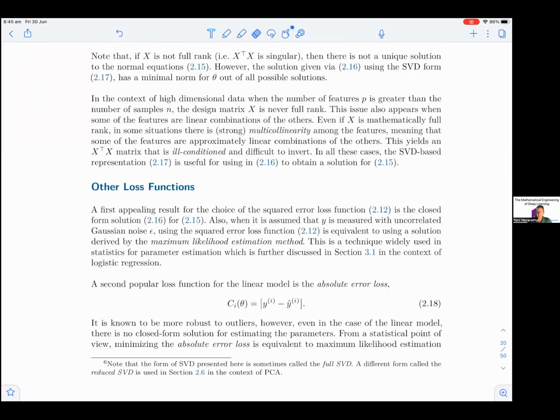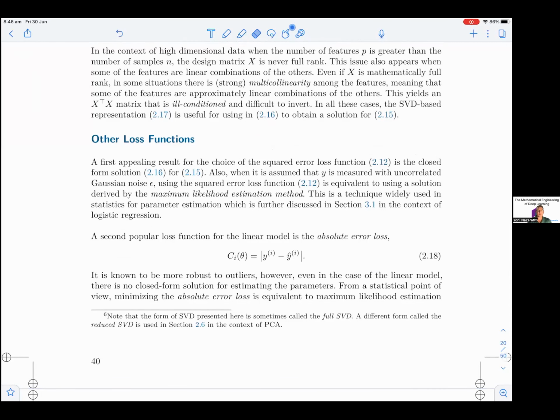In the context of high-dimensional data, when the number of features P is greater than the number of samples N, the design matrix X is never full rank. This also appears when some of the features are linear combinations of the others, as we just said. If X is mathematically full rank, in some situations there is strong multicollinearity among the features, meaning that some of the features are approximately linear combinations of the others.